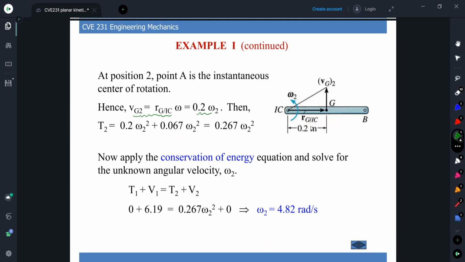Now we can derive T2, which equals (0.2 omega 2) squared plus 0.067 omega 2 squared. After we apply the conservation of energy equation and substitute, we can solve for omega 2, which is equal to 4.82 radian per second in this direction. Okay, let's complete this problem.